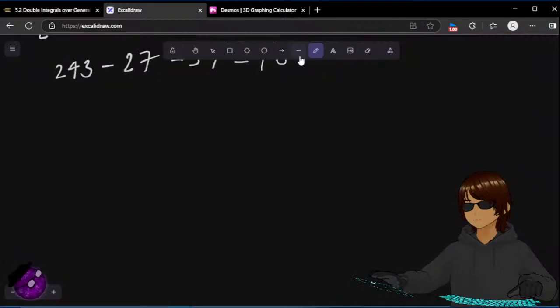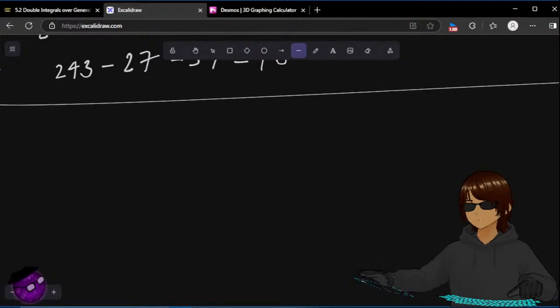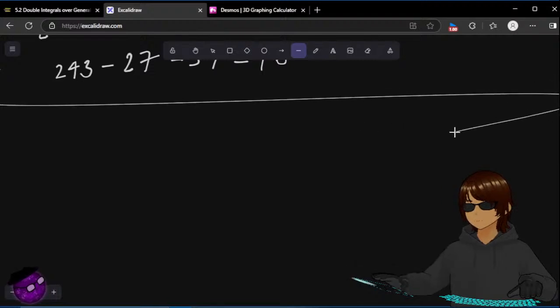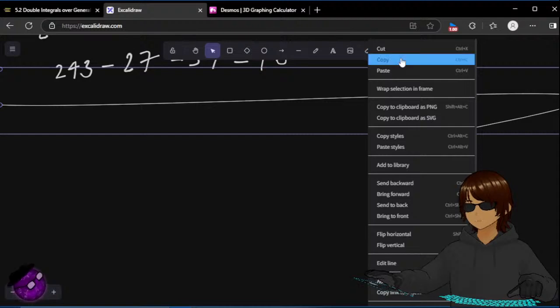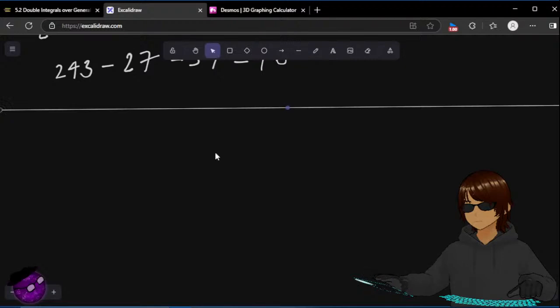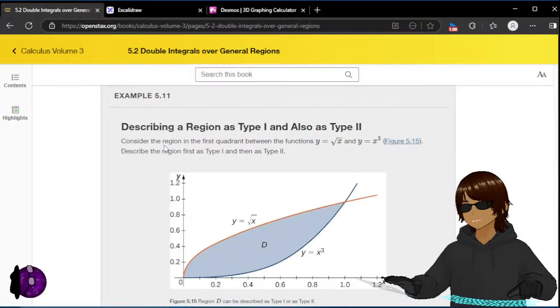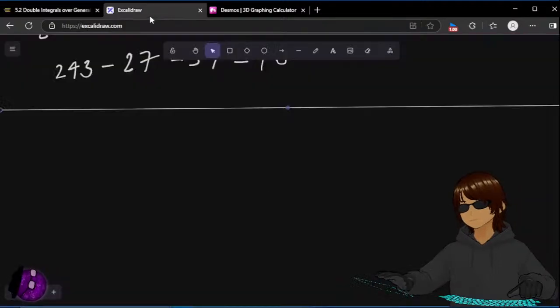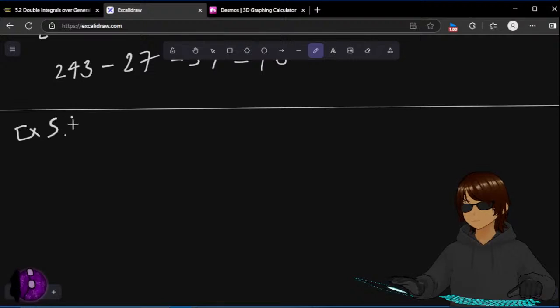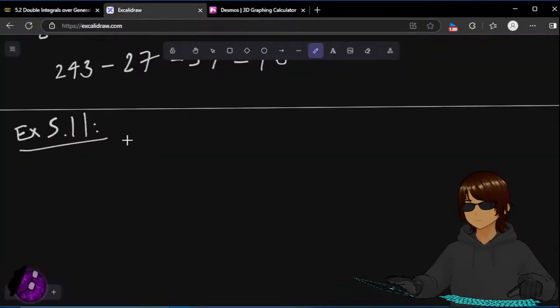Let me look at figure 5.11. So where do they intersect?